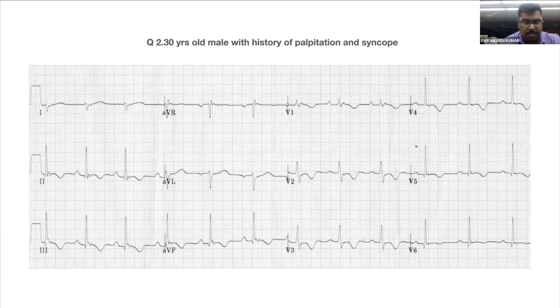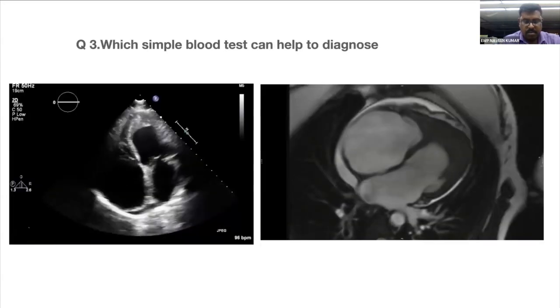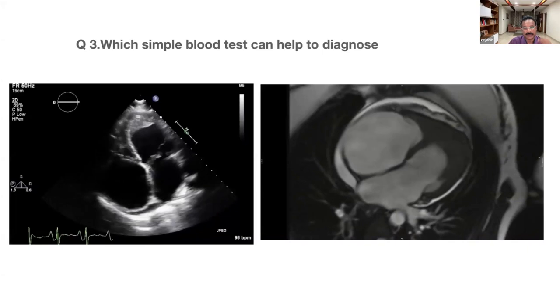Which simple blood test can help the diagnosis?